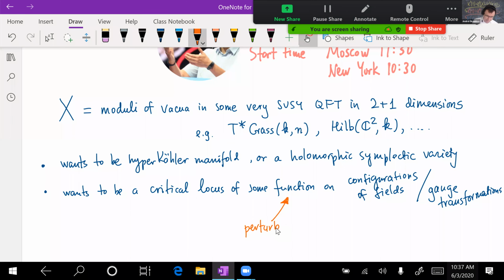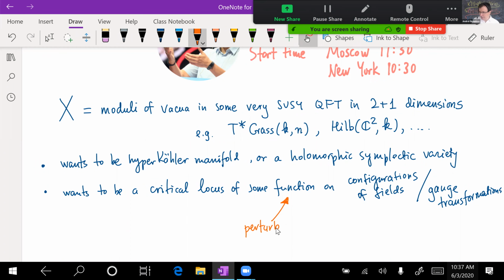So if we had just a real manifold with the Riemann operator, we could add an arbitrary function, and there's a way to twist the Riemann operator by an arbitrary function or derivative of an arbitrary function. That's the context of Morse theory. Now, if you're on a complex manifold, then you have to add a holomorphic function, and then you're in the world of Picard-Lefschetz theory.